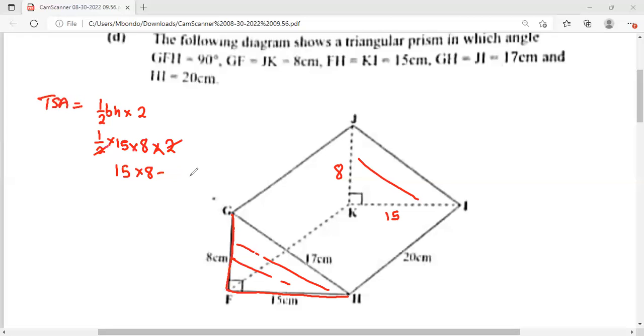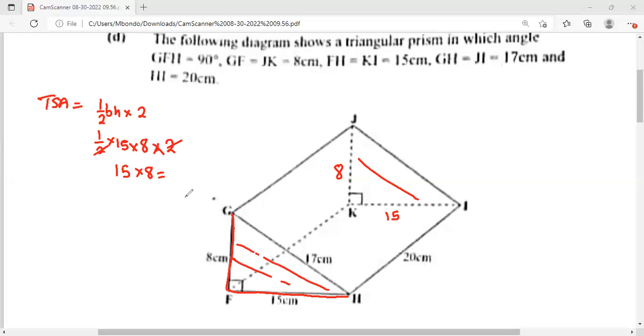This is just for the two triangles, okay? I hope that is very clear. So we need now to multiply 8 by 15 and see what we are going to get. You can as well try to multiply that, then let me know what we are going to get.